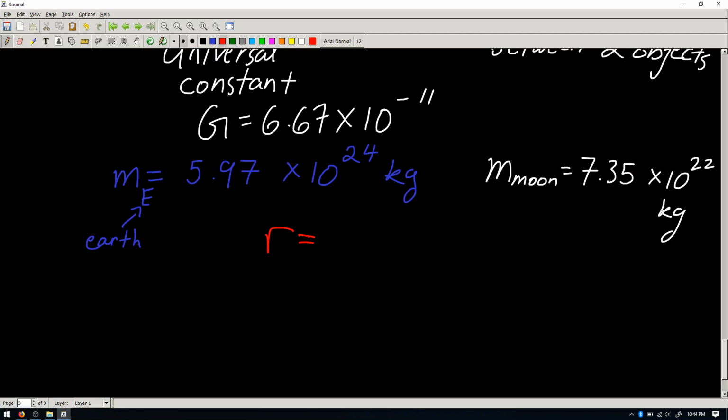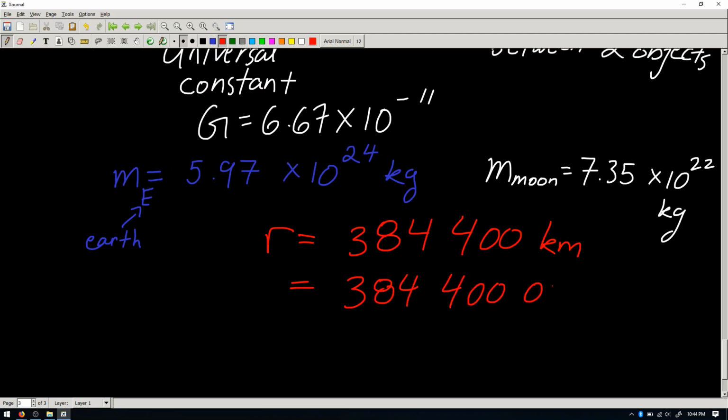Here we go. Distance to the moon, 384,400 kilometers. Okay, in meters, guys, that's 384,400,000. So it's 384 million meters, 400,000. Okay, there you go. That many meters.